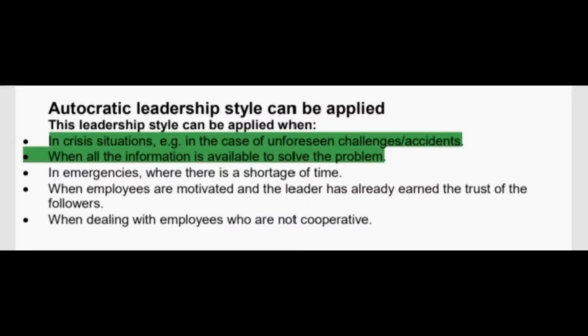In a crisis situation, e.g., in a case of unforeseen changes. What is an unforeseen change? When you see the word unforeseen, it's something unexpected.